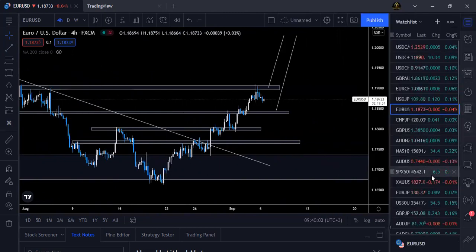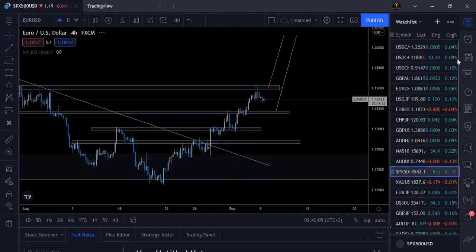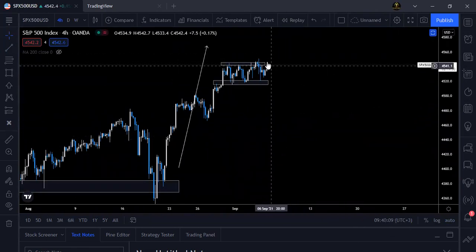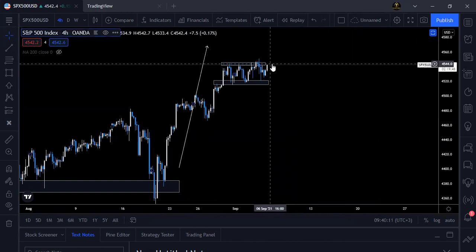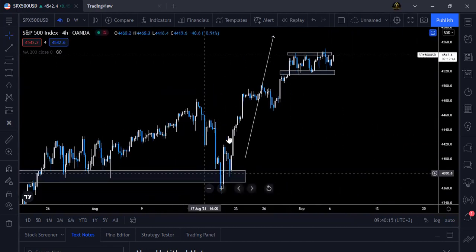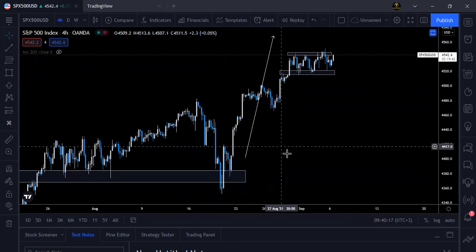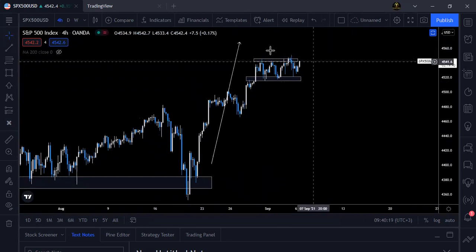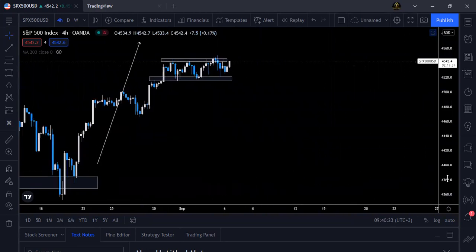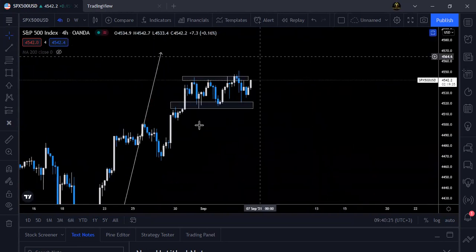Okay, let's look at S&P 500. We haven't looked at it in a minute. As you can see, I was expecting prices to push from here. They did. As you can see, prices are still heading higher. Right now, they're in this consolidation range, this sideways channel, this sideways pattern.